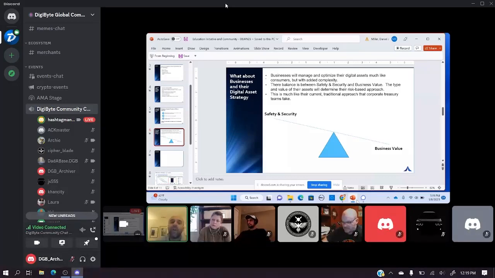But I think they'll utilize their digital assets much like the corporate treasury teams do now, right? Where they've got multiple bank accounts, they are managing their short-term needs with their long-term investments, and managing some of those macroeconomic factors, like what we're seeing in Ukraine right now, or some sort of weather event or whatever their economists are saying.